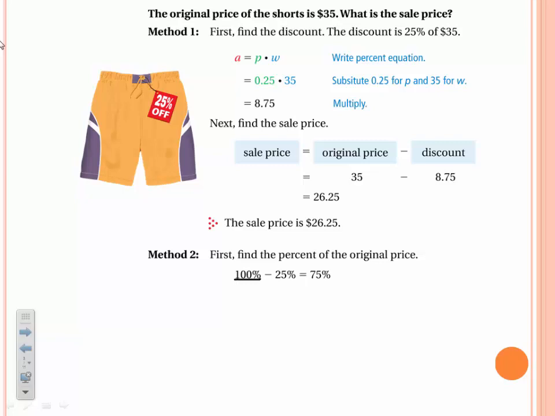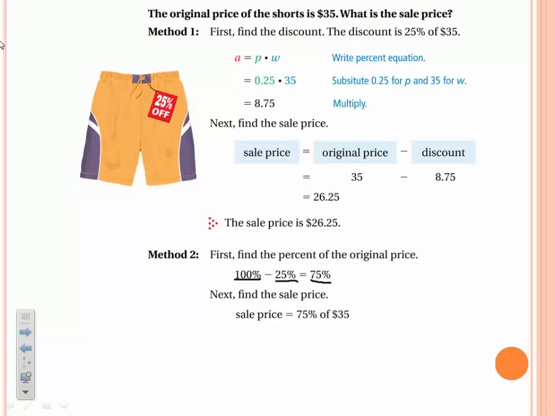We're going to take 25% off of the original price and find out that our sale price is 75% of the original price. So instead of having to find 25% of 35, instead we can just find the sale price. So we can do 75% of 35 is our sale price.